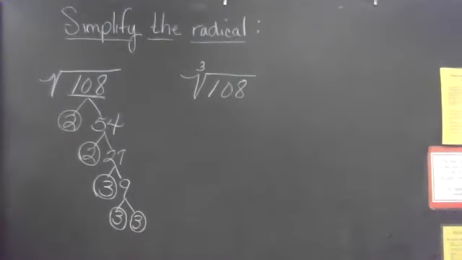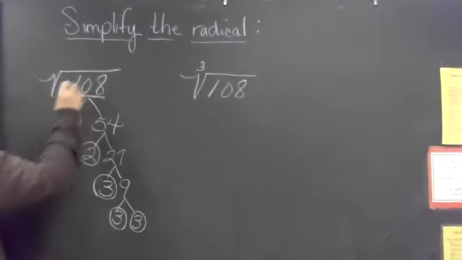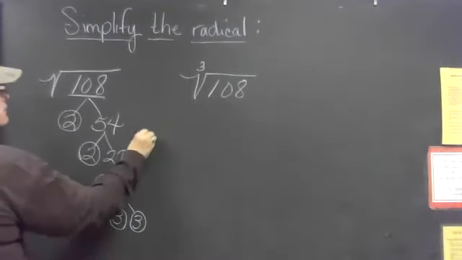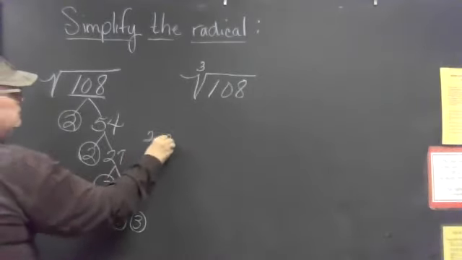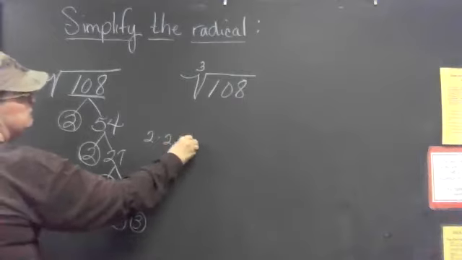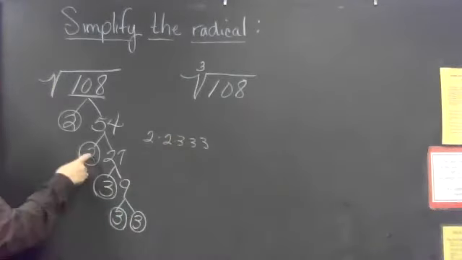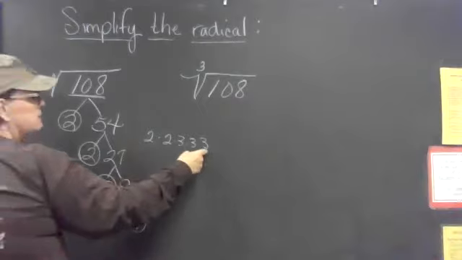Okay? Now, just to take a side trip real quick, if they want you to write 108 as a product of primes, then you will say 2 times 2 times 3 times 3 times 3. Okay? 3 times 3 times 3 times 2 times 2. Here it is.